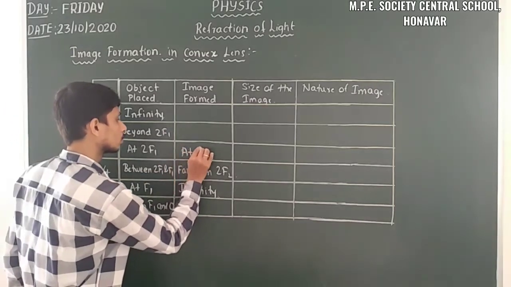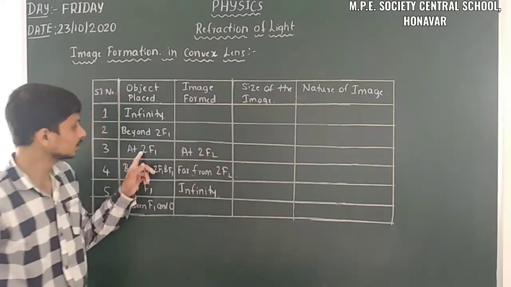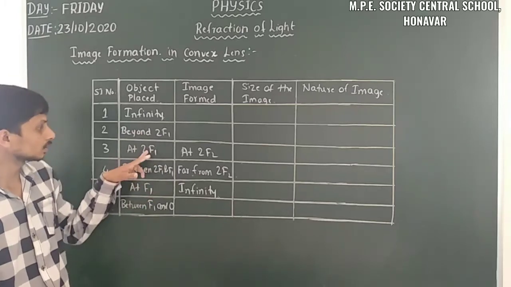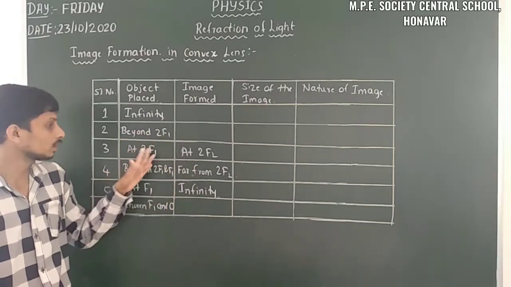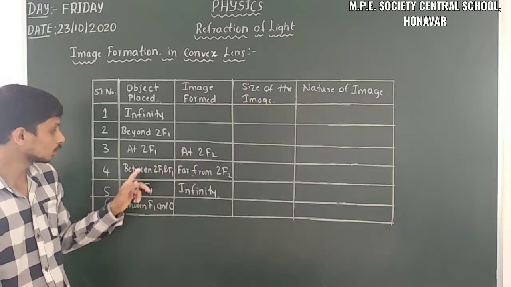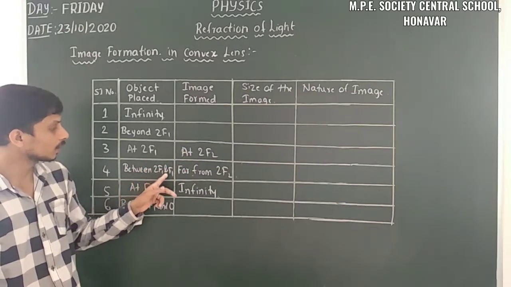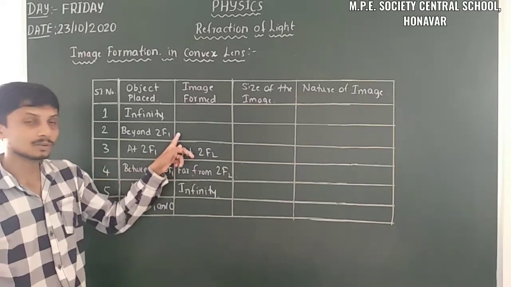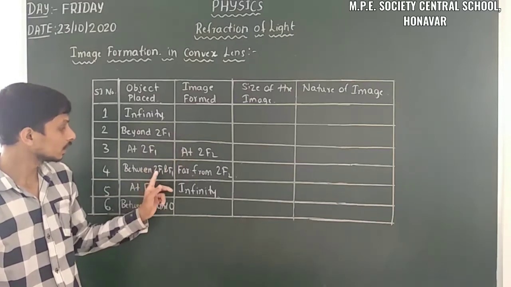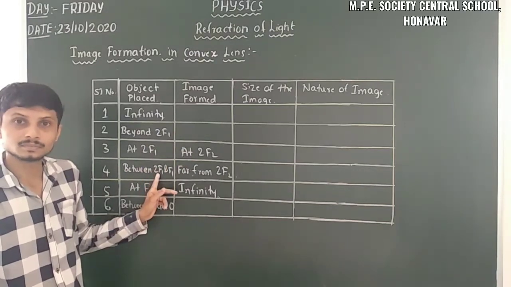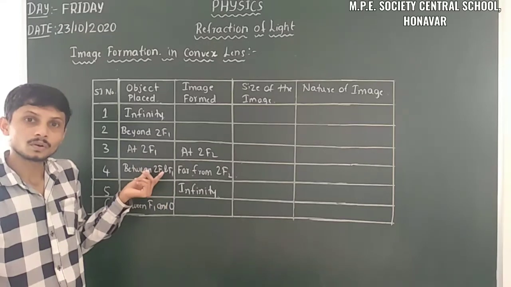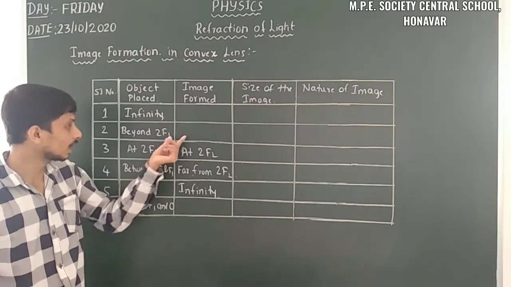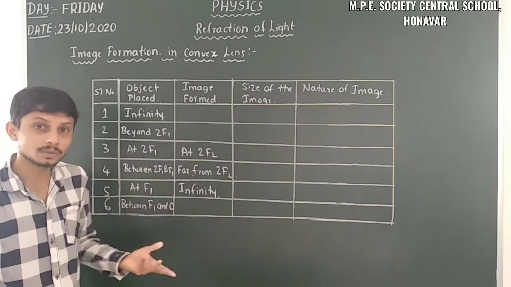At 2f2. That means here we have to take the reverse order. The third part is at 2f1, so here we write 2f2. Then between 2f1 and f1, here we have to change it, so we write between f2 and 2f2.